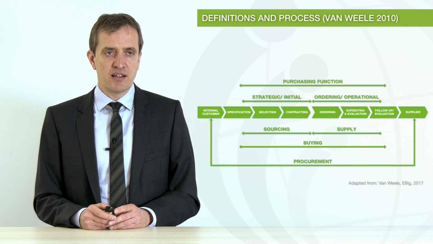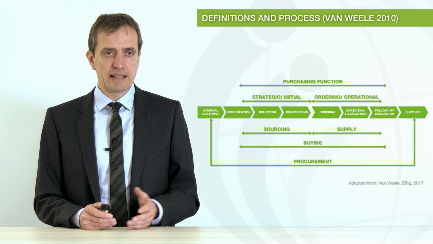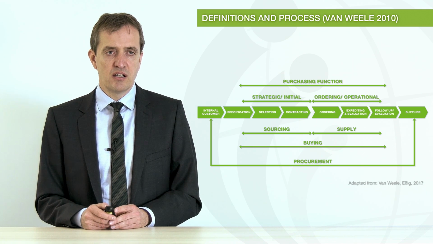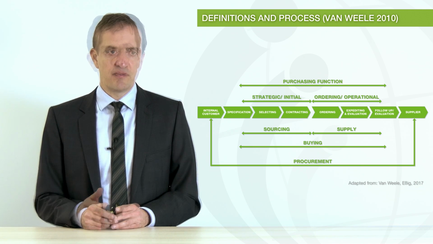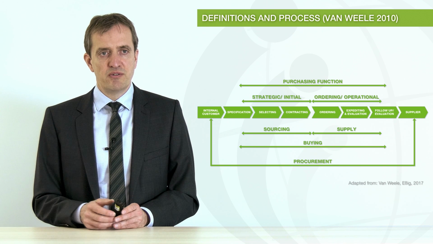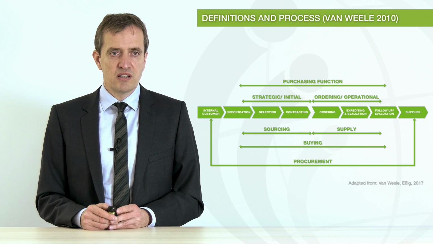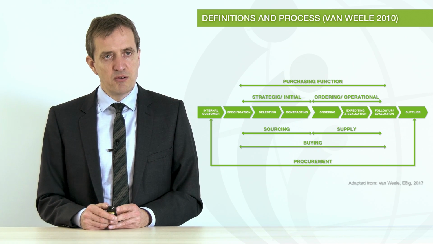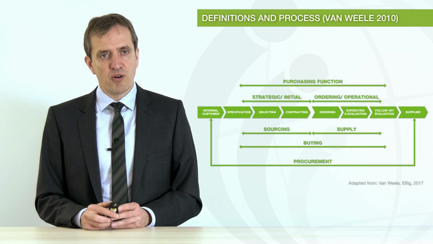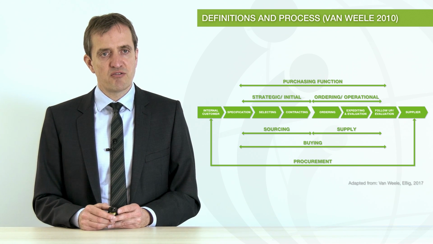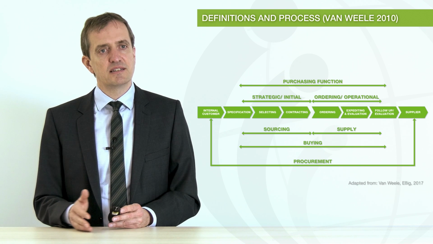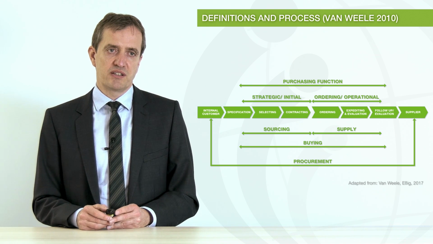This is also something that we call the sourcing activities within the PSM process. After that, the goods and services have to be ordered, expedited and evaluated, and this is followed up by an evaluation finally by the suppliers, and this is the supply side of the whole process.